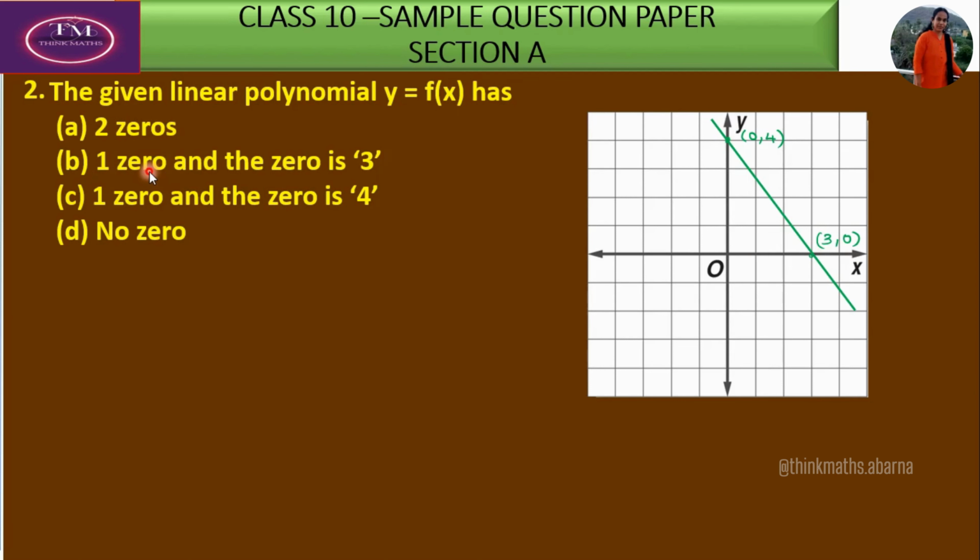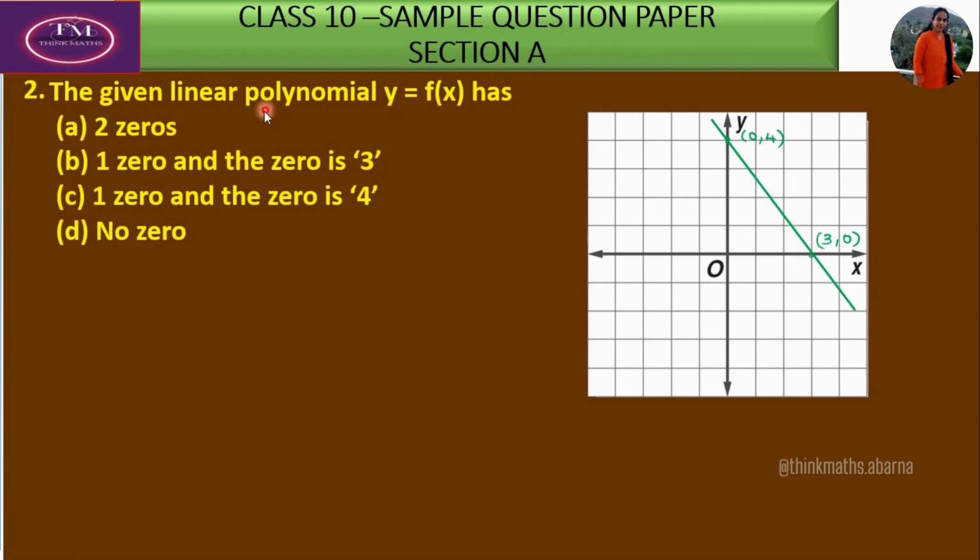Now we have to find out what the zero is, either 3 or 4. In the x-axis there is only 1 point here. The x-intercept is 3, so x is equal to 3 is the only solution. So the zero is 3. We have 1 zero and the zero is 3.